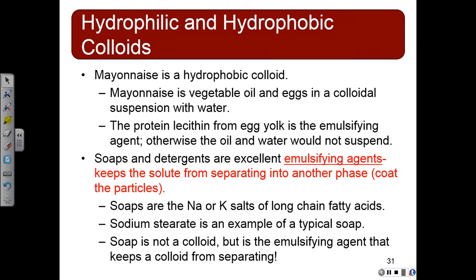We're going to look at what a soap molecule looks like and talk about that. Soaps are usually just long fatty acid chains. So we're going to look at the structure. Sodium stearate is the example of a typical soap, and that's the example that we're going to show. Keep in mind though that there are soap chemists. They change small things, small atoms, or not really small because it makes a big difference, and they go through and change little portions of the soap molecule, and that makes a difference between dishwashing detergent versus the shampoo that you put in your hair.